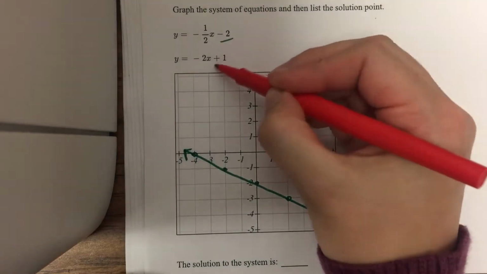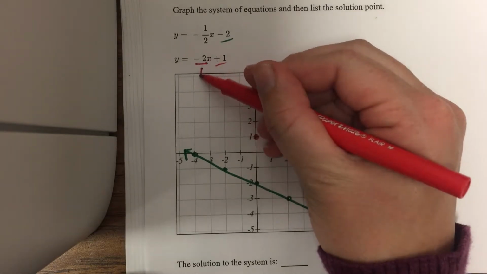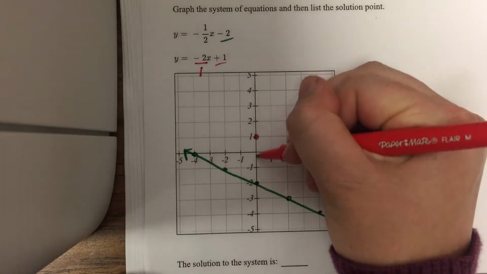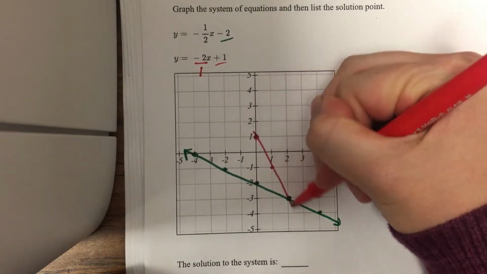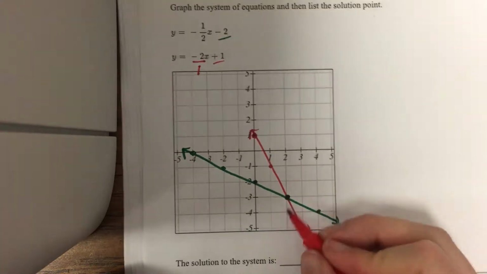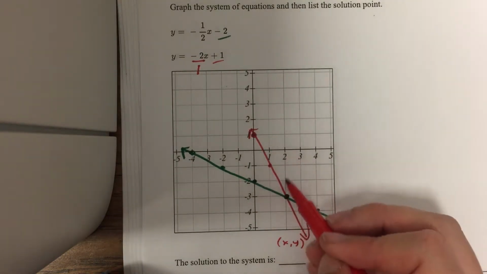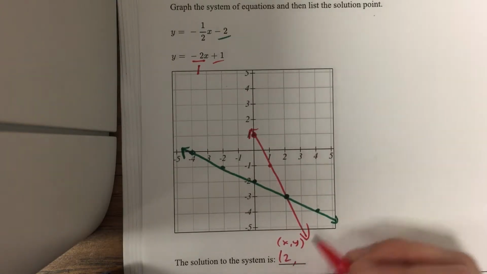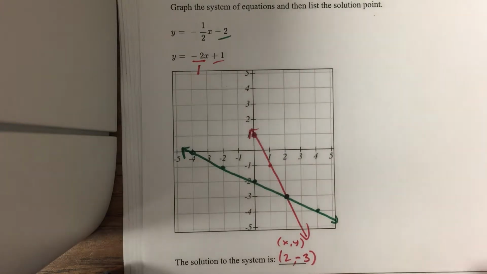Next, our y-intercept is positive 1, and our slope is down 2 over, there's really a 1 there, down 2 over 1, down 2 over 1. So my solution ends up being, what's my x? 2, and my y value for it is a negative 3.